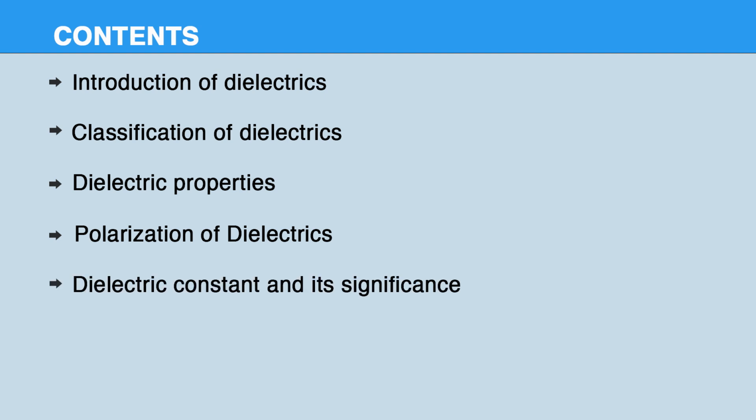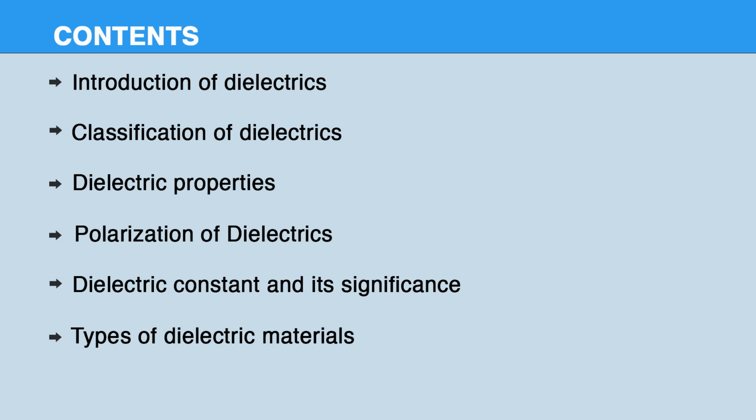After that, we will cover the dielectric constant and its significance. Then, we will understand what the dielectric constant is and how it affects the storage of electrical energy in a capacitor.